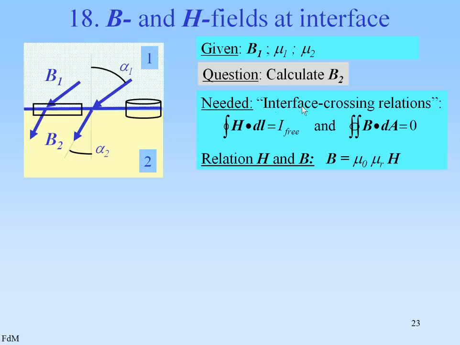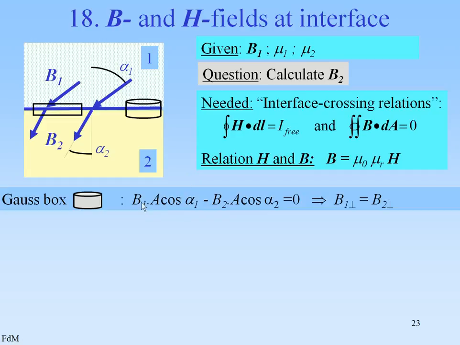The two interface crossing relations are the Gauss box and the Ampere circuit. First the Gauss box. There is no charge inside, and so B times A cosine alpha 1 is the normal component, and here is the same for the second surface.